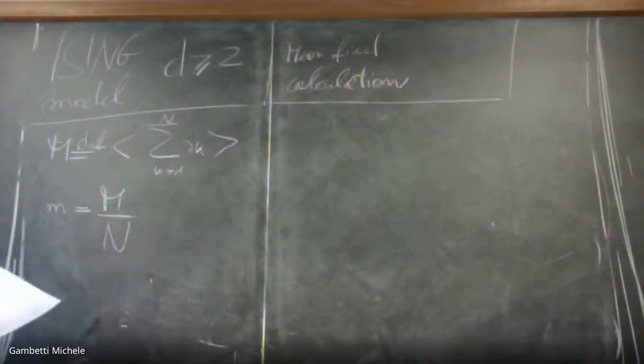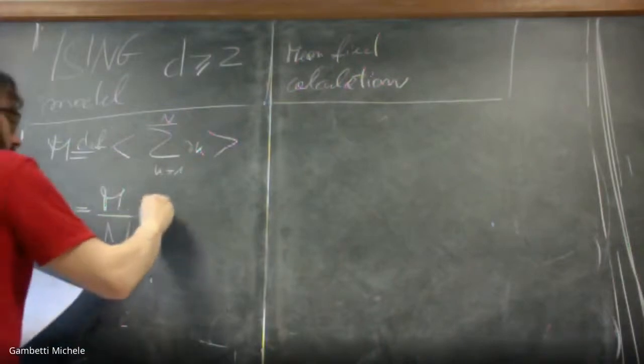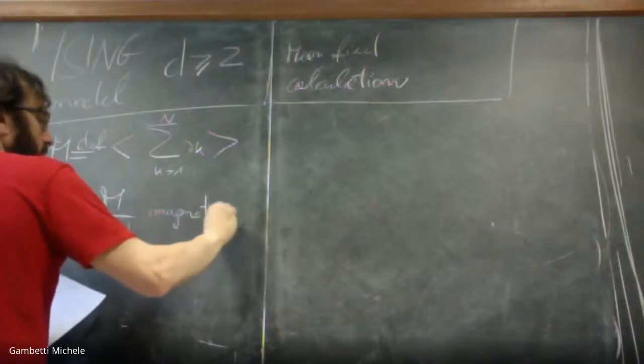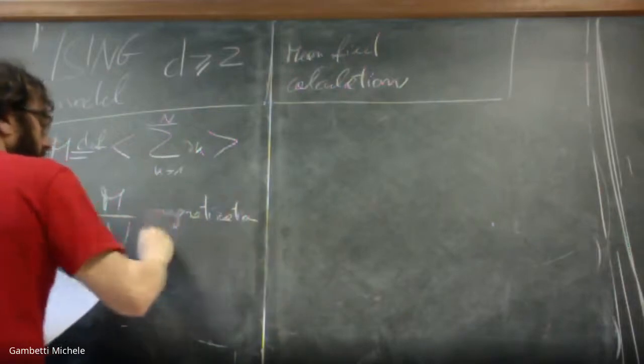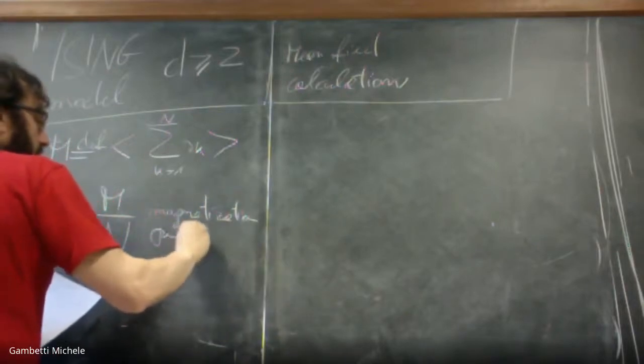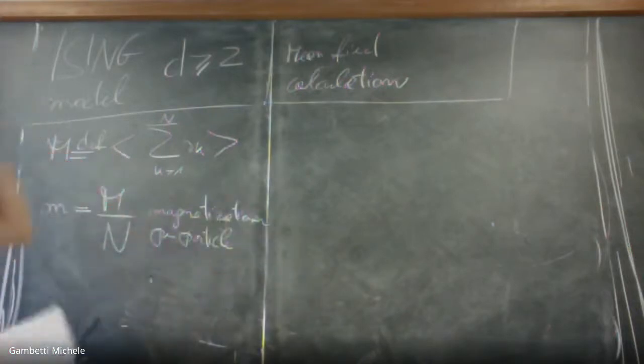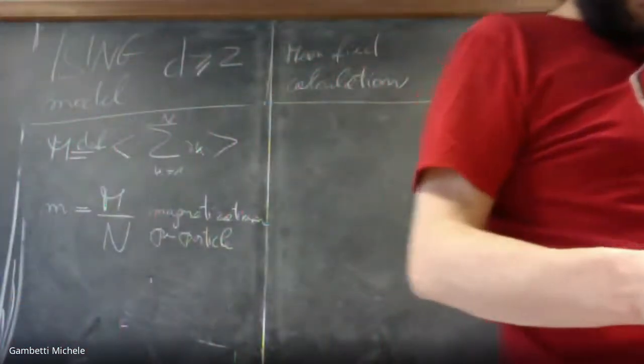So this is the magnetization per particle, which can be interpreted as the average magnetization of a particle.